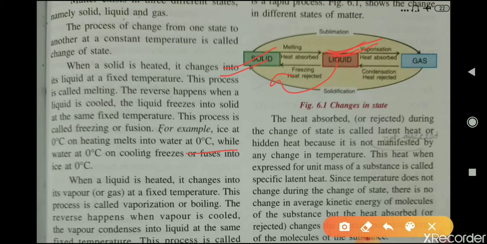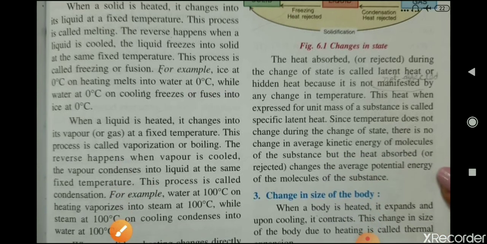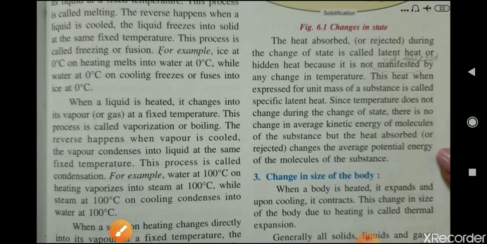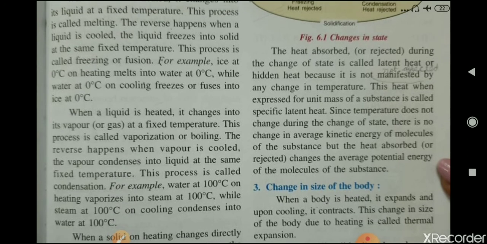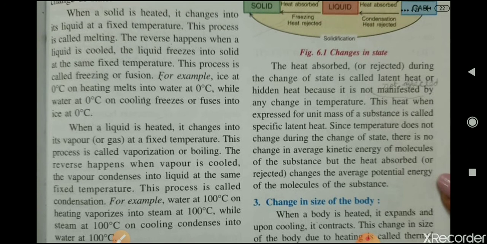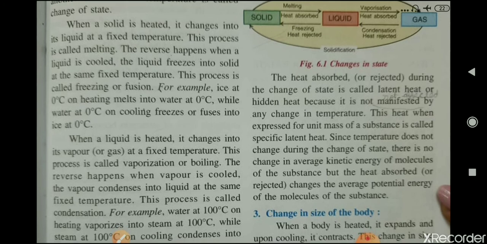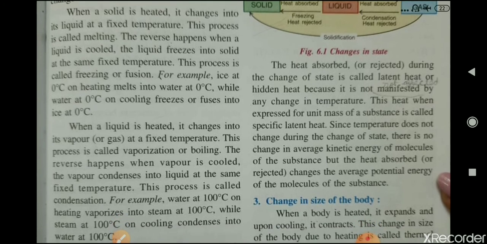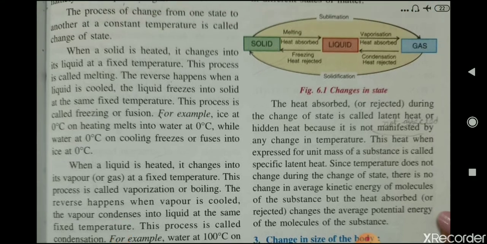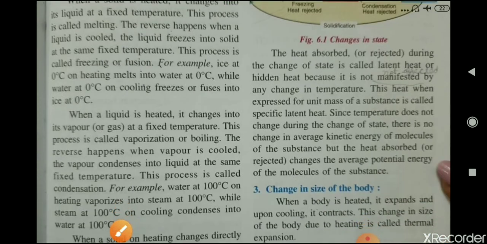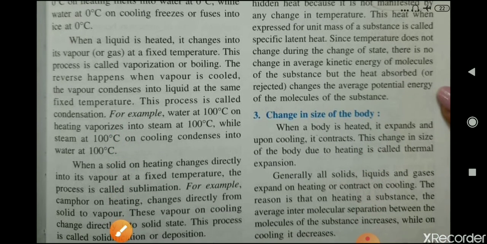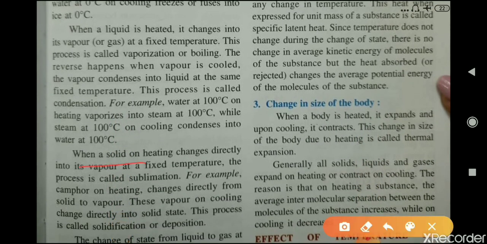In the same way, water at 100 degrees Celsius on heating vaporizes into steam, and steam at 100 degrees Celsius on cooling condenses to water, meaning the fixed temperature is 100 degrees Celsius. Now, when a solid changes directly into its vapor at a fixed temperature, that is known as sublimation.